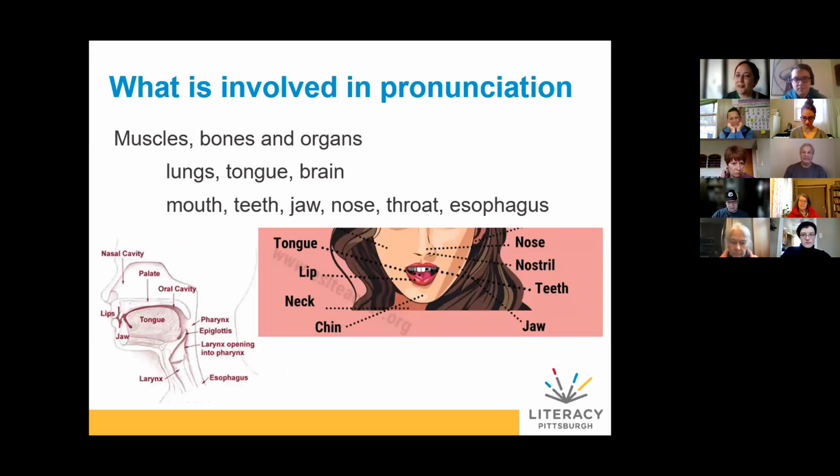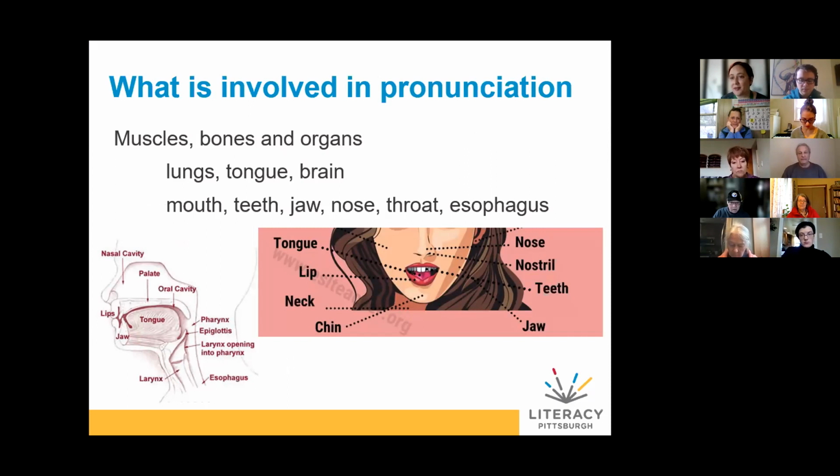There is a lot of physical features of our bodies that are involved in pronunciation. There's muscles, bones, organs, our lungs are involved, our tongue, our brain, our mouth, our teeth, our jaw, our nose, our throat, our esophagus. And there's a lot of parts inside the mouth and the throat that are involved.